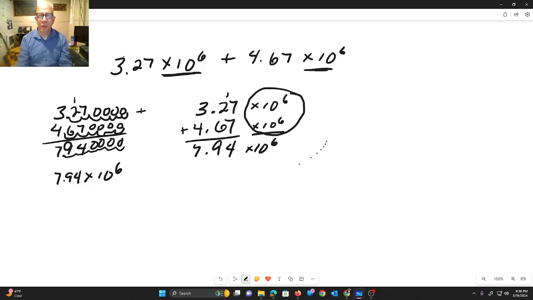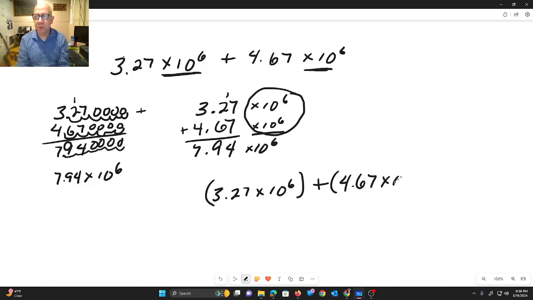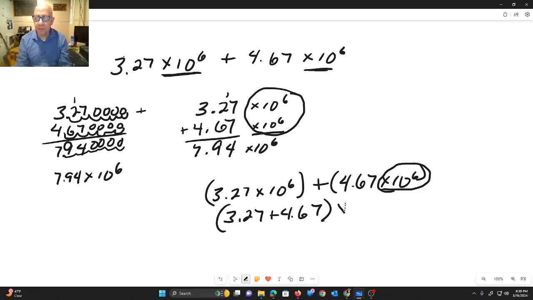Right? Another way you can think of it is the distributive property. So I have a multiplication plus a multiplication problem, and so I can factor out the 10 to the power of 6. So this is 3.27 plus 4.67 times 10 to the power of 6.